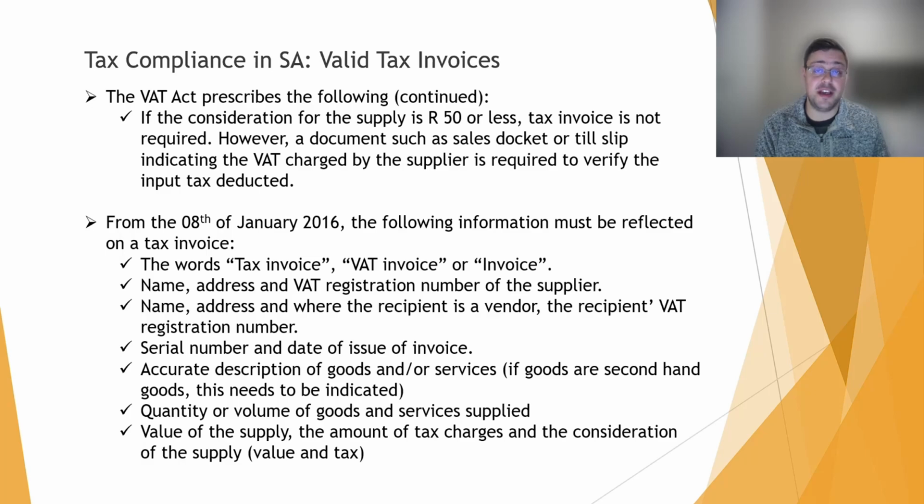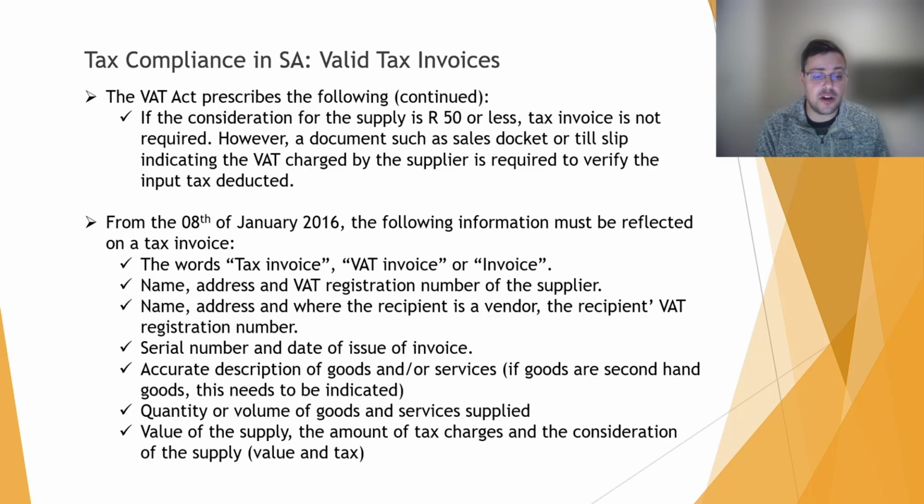Then also a serial number. So what's a serial number? It's the invoice number that's on the tax invoice, and it's important that you have a unique invoice number for every invoice that you issue to your clients, and also the date of the issuance of the invoice, so the date on which you delivered the invoice to the client.